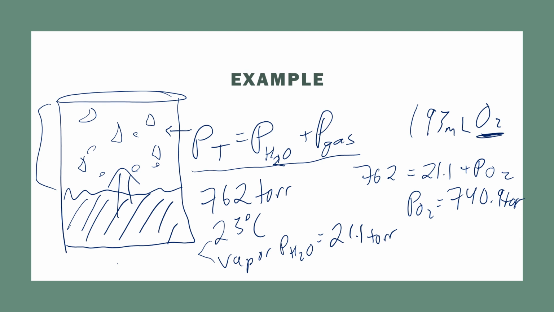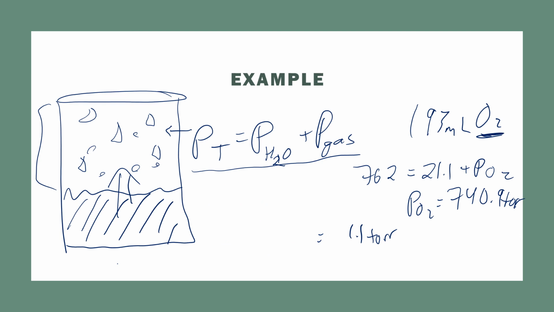Now from there, it might ask you something like how many moles of the oxygen gas were collected. So I'm going to go ahead and erase this since we used it. And we're going to use the ideal gas law to find the moles, PV equals nRT. Now that I have the pressure of the oxygen, I just need to convert it.